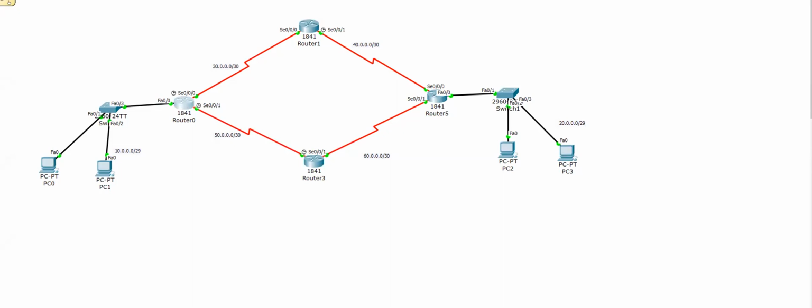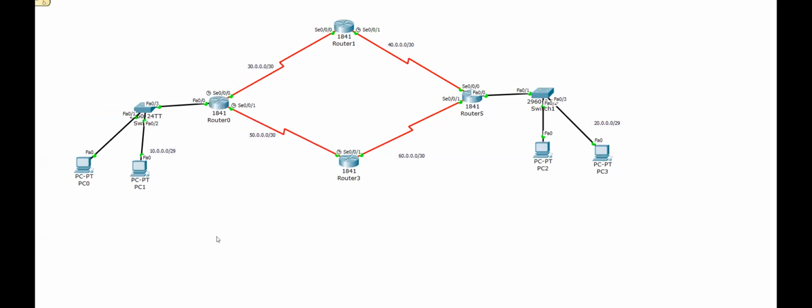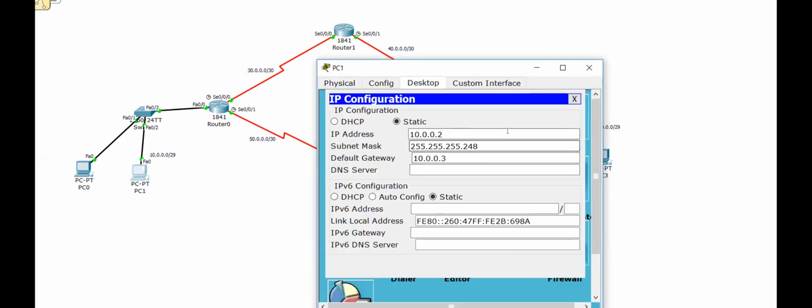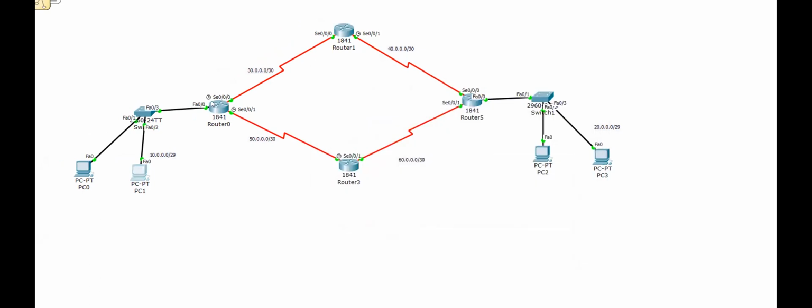Okay, so this is the design. On this design, I have done only IP addressing. Like in our last design, you have done so much IP addressing, like 10.0.0.2, 10.0.0.3, this is 30.0.0.0, 40.0.0.0, 60.0.0.0. Only IP addressing is configured, not any routing.